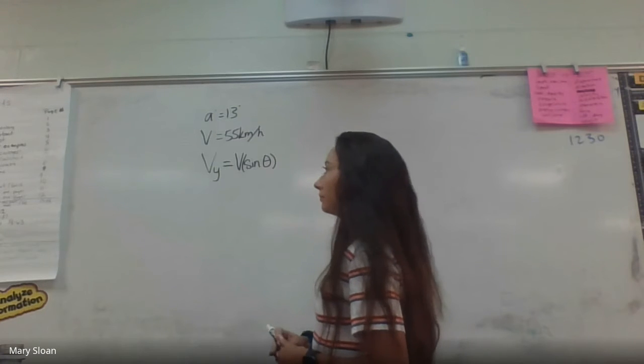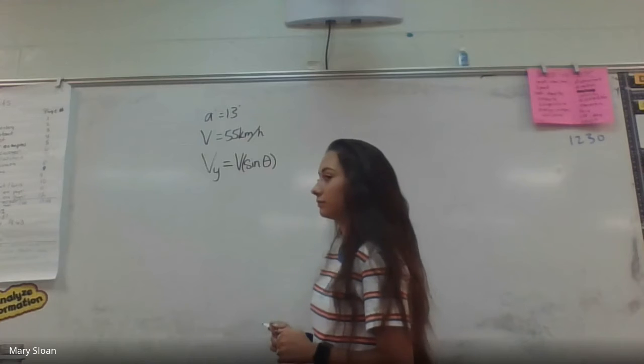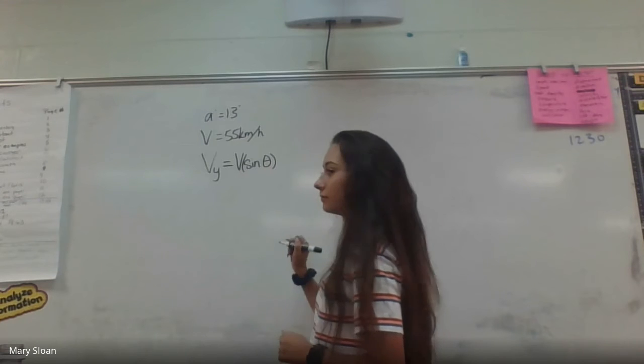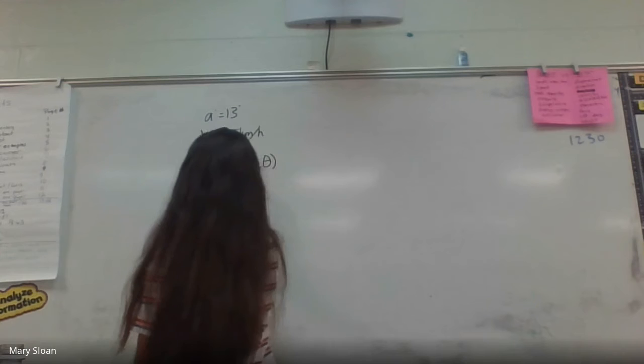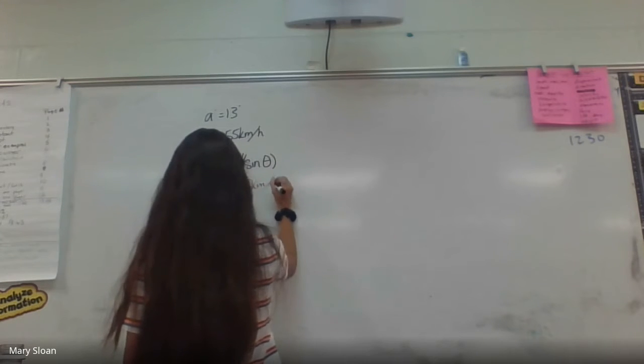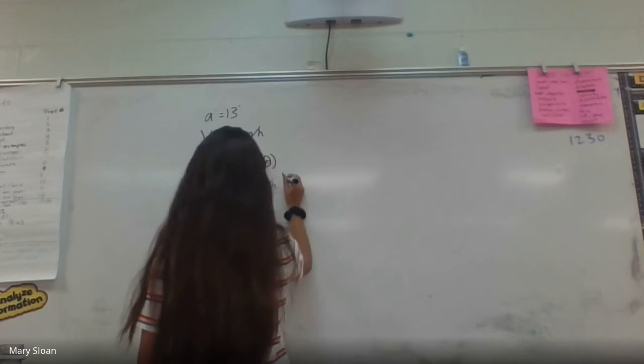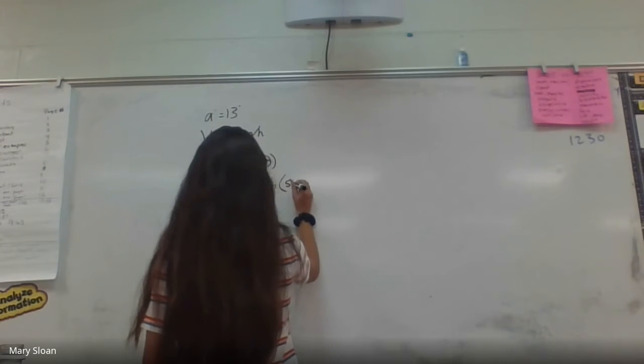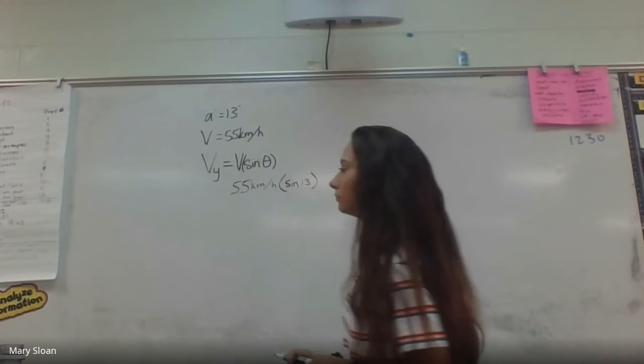How do you do that? You take your 55 kilometers per hour, open bracket, sine 13, close bracket. In your calculator, put that in.